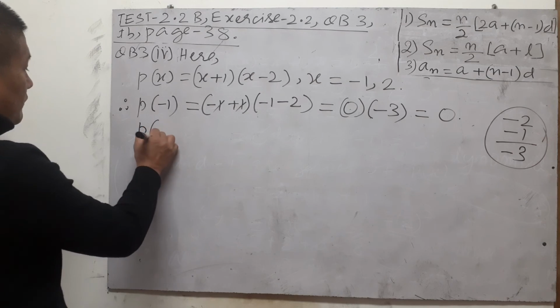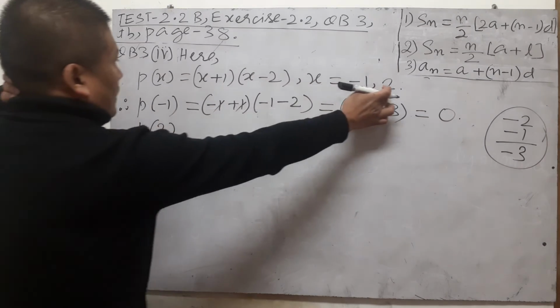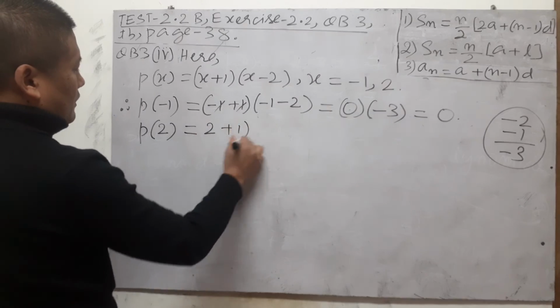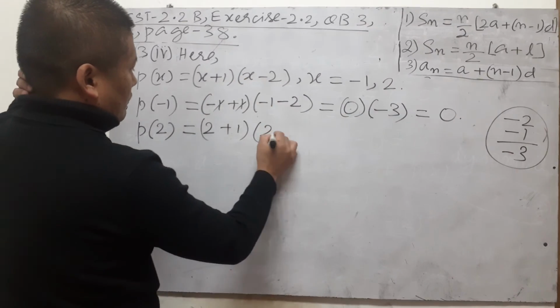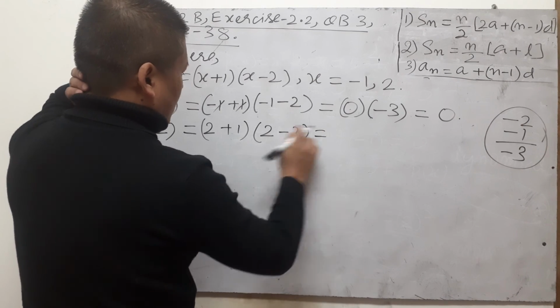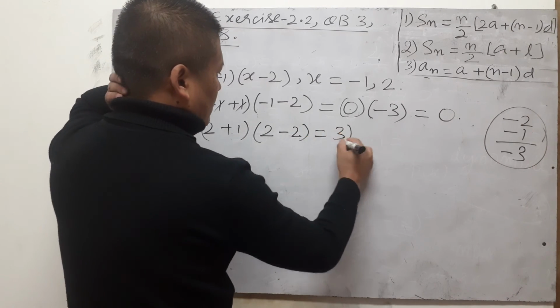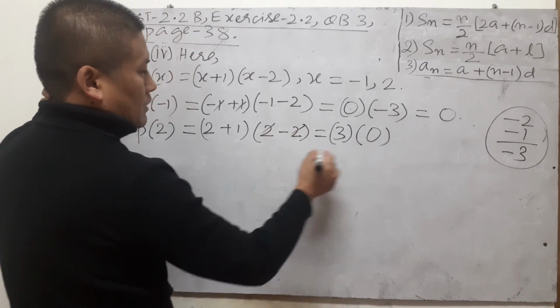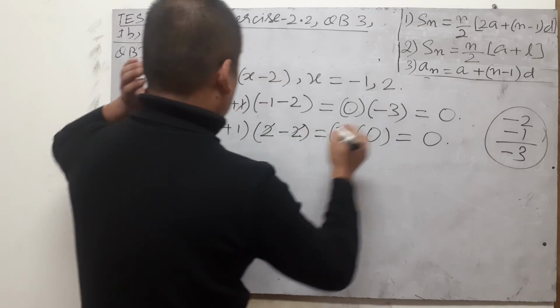And p of the next one is plus 2. Then in our equation, x is now 2, so 2 plus 1 is 3, and 2 minus 2 is 0. So 3 into 0 again is 0.